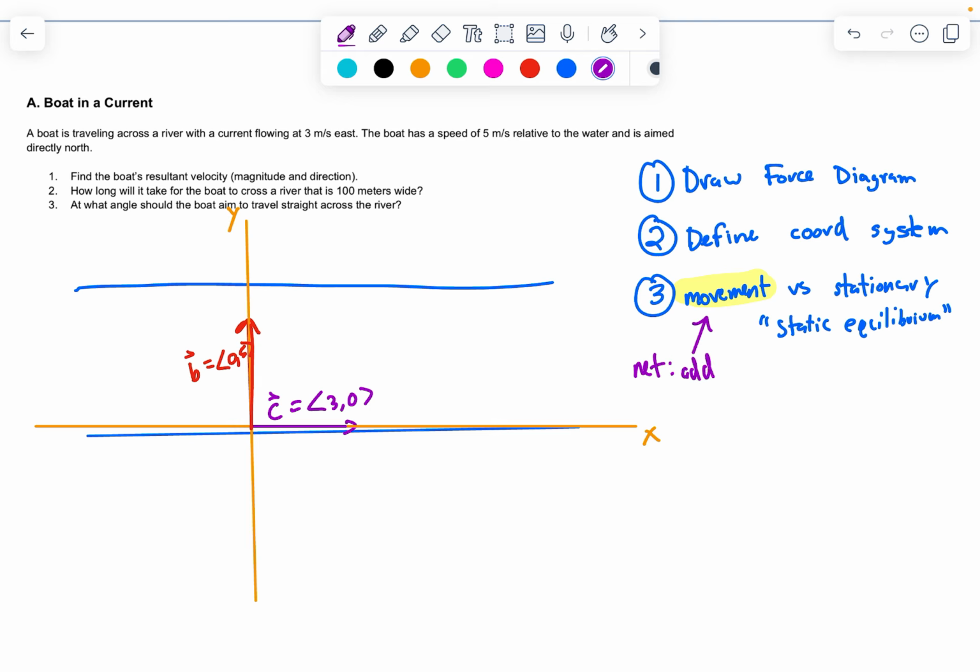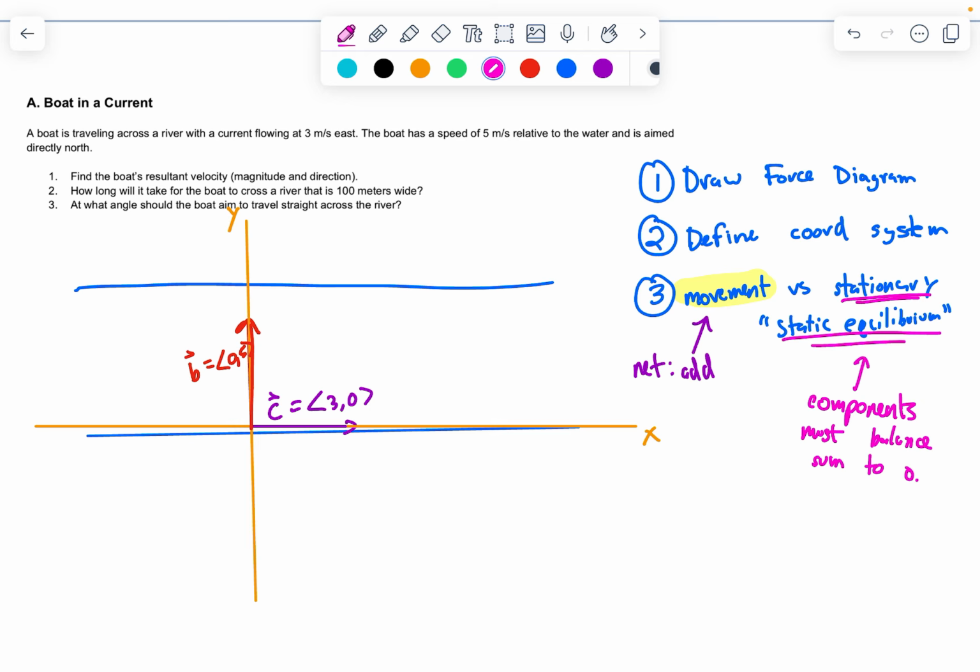In the case that we are stationary, or in static equilibrium, that means that the certain components must balance and cancel. And if they must balance, this means they sum to 0. Okay. So that's really the only two things we have to think about. Are we adding things to describe net movement? Are we adding things and making sure they equal 0 to describe stationary objects?